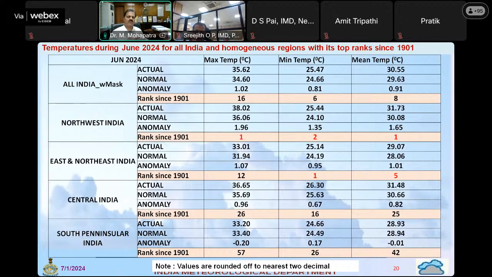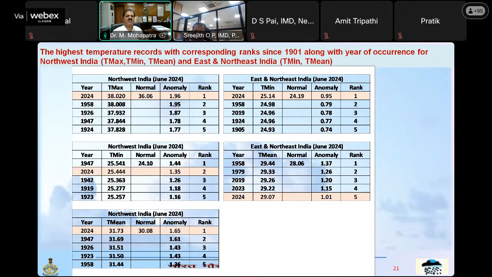That warm night also prevailed over east and northeast India, and mean temperature was 5th in the rank. Central India was not having any rank because there was no heat wave condition in central India. And South India also there is no such thing. So in this slide I will summarize that northwest India and eastern India had higher temperature and accordingly higher heat wave conditions.